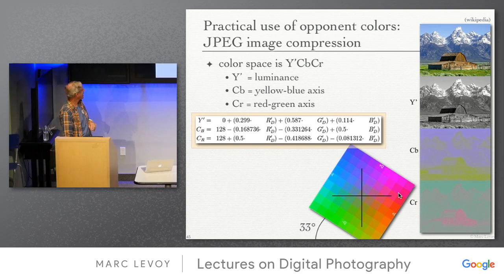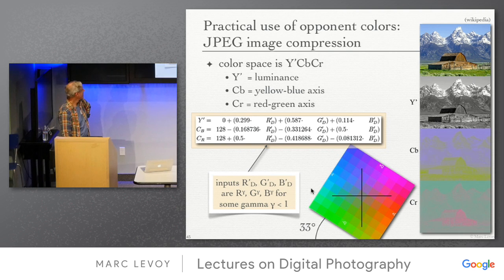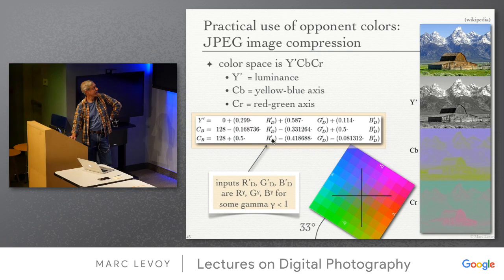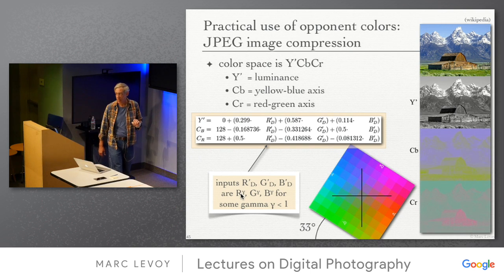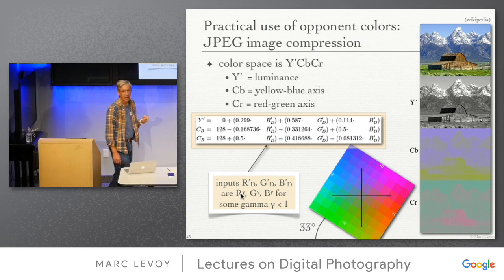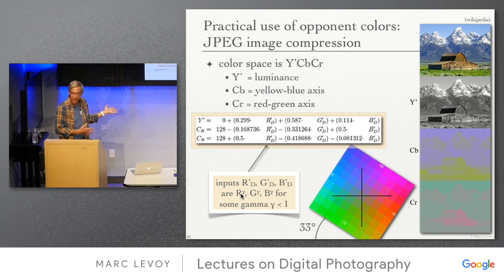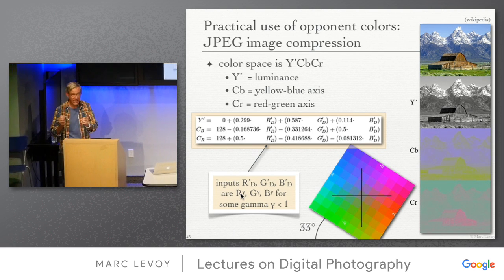So it's a similar set of axes. And there's a little bit more going on here. If we look at this formula, the inputs are the original RGB that have been raised to a power, gamma. And the gamma is the same gamma that we talked about before, or it might be the gamma for a particular color space, a standard color space.